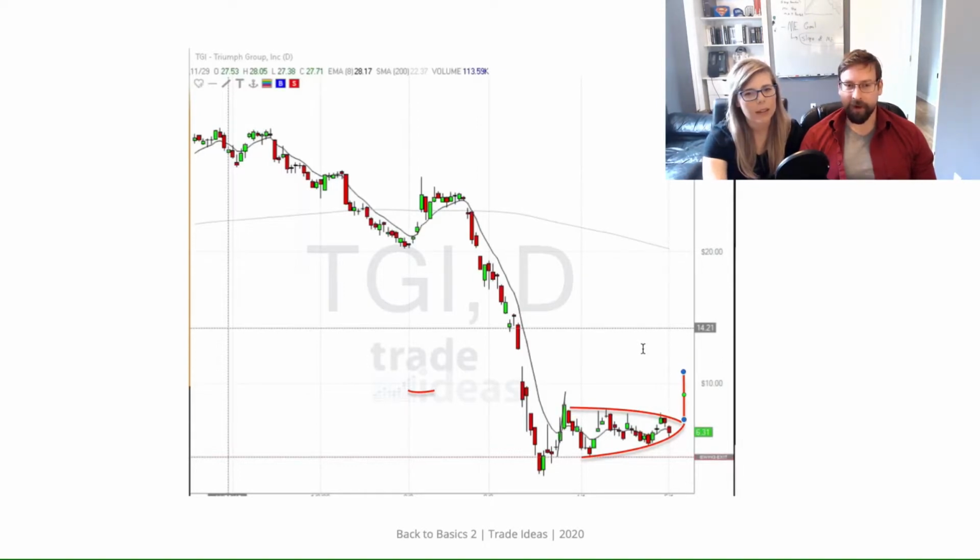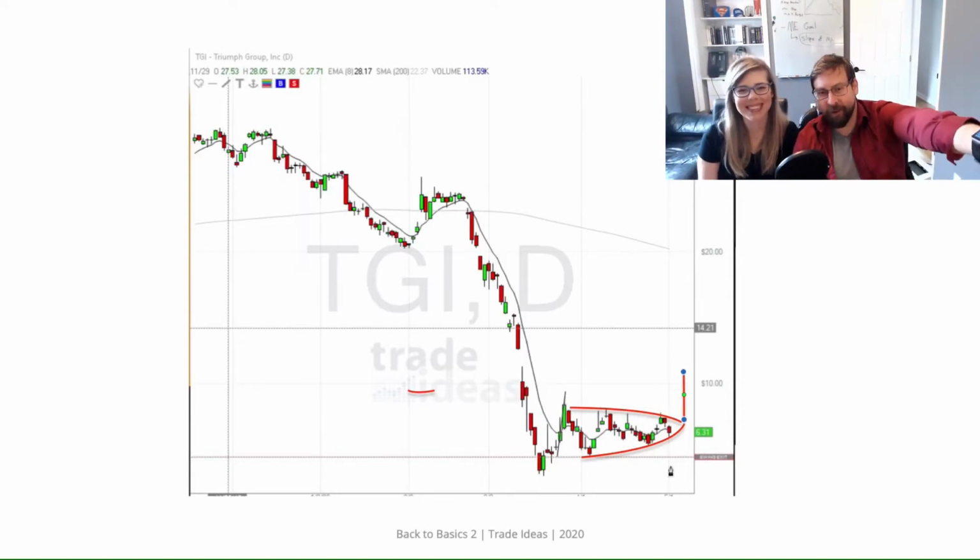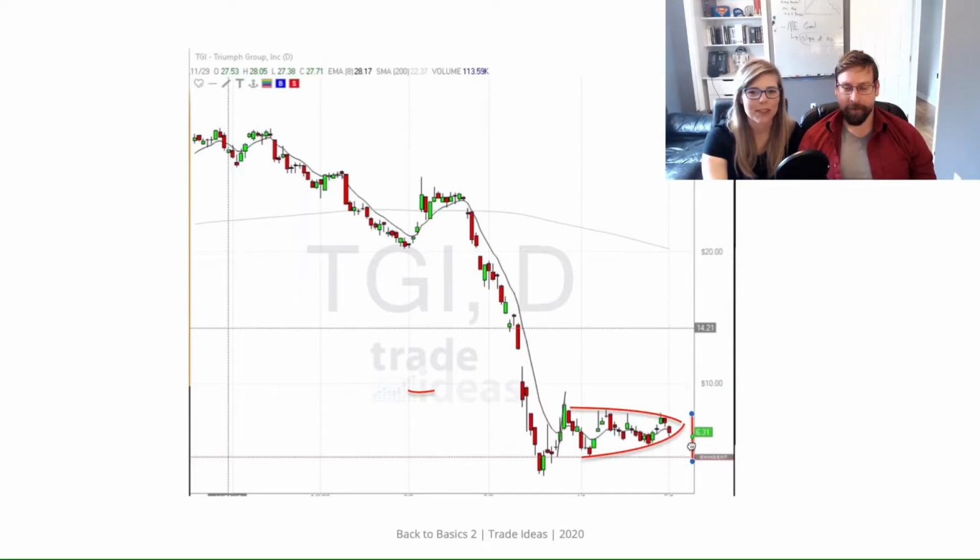Looking at this chart, what would you say the trend is? It's going down. The trend is, we started at 30 and now we're at 6, so that's a pretty good downward trend there. So we would probably get in at the bottom here, and then your stop is where these guys are.